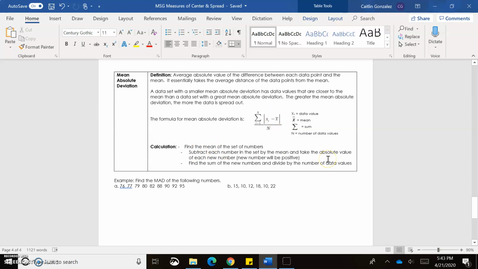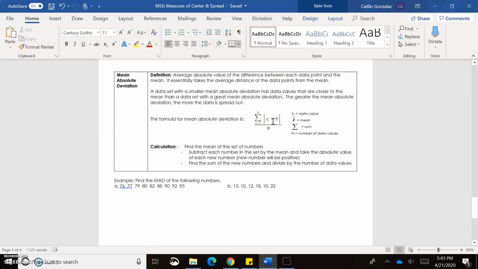Once you've found your mean, you're going to take each of your data points and subtract the mean from each data point. And that's what it's telling you to do right here. It's saying take each X value and subtract the mean from it. Now, we don't want negatives, so we take the absolute value, because really what we're trying to find is the distance, and distance is not negative.